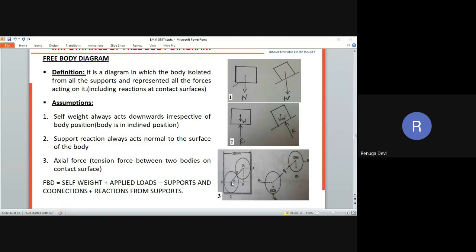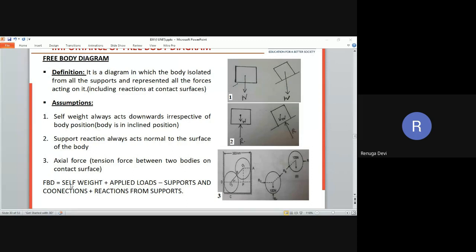Here two cylinders are resting in a particular channel. One cylinder's force is acting on the other, and the other cylinder's force is acting here. So this in-between force is called the tension force. The tension force comes under these free body diagram considerations, and it acts in the opposite direction. So simply, the free body diagram is very important.